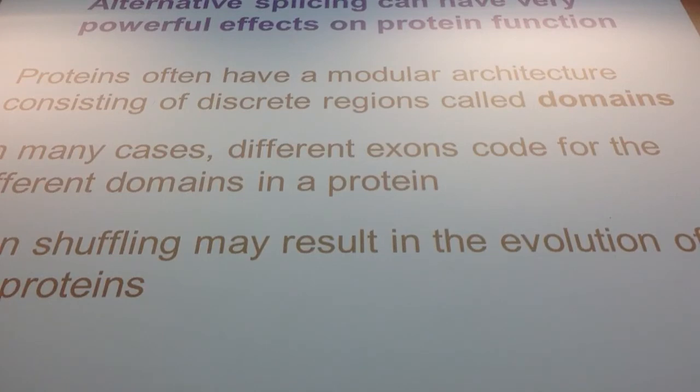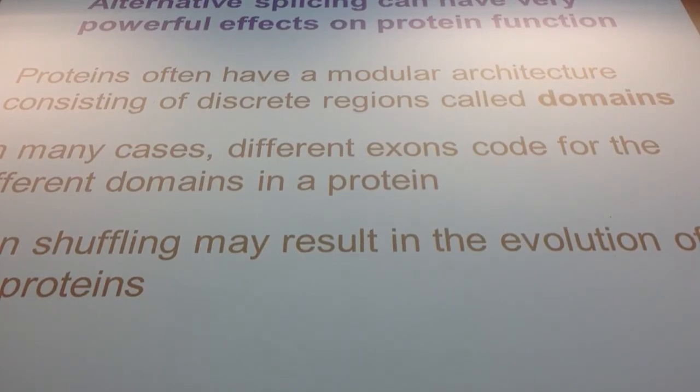Okay? So either individual exons or groups of exons would be expressed into an amino acid sequence and fold into what we call a domain. And a domain is just a region within the protein. An analogy would be your home, right? You have a house, which is analogous to a protein, but you have different rooms.